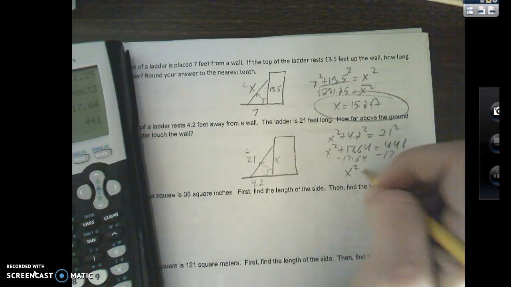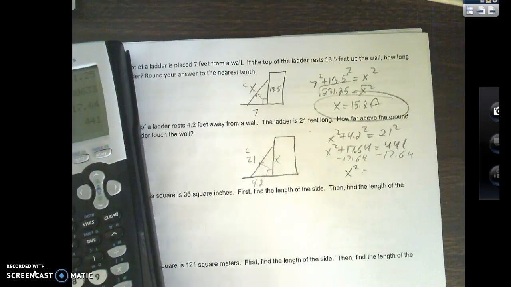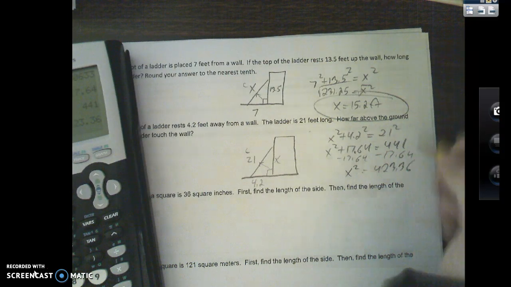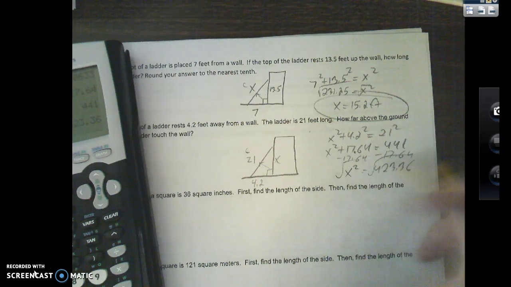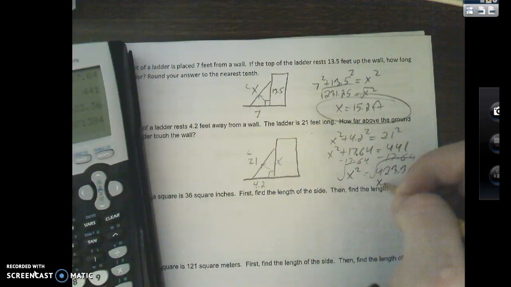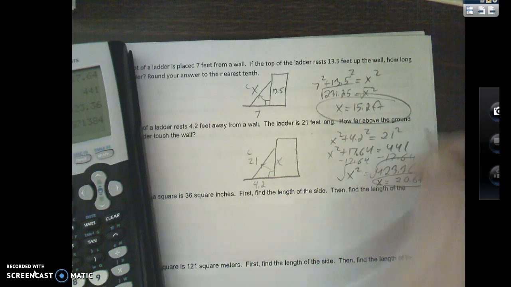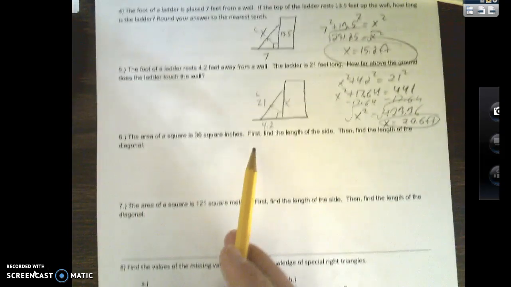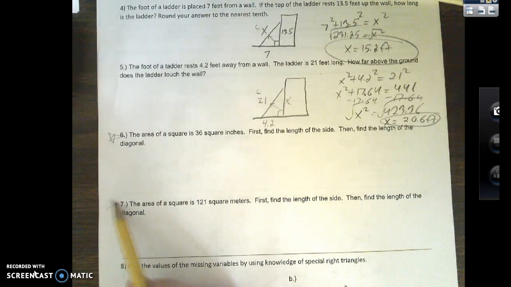Okay, so x squared equals 441 minus 17.64, which is 423.36. Square root, x equals 20.6 feet. Okay, again, a really tiny thing makes a very big difference. These are 2 challenge problems, just to give you guys a little bit of a heads up.